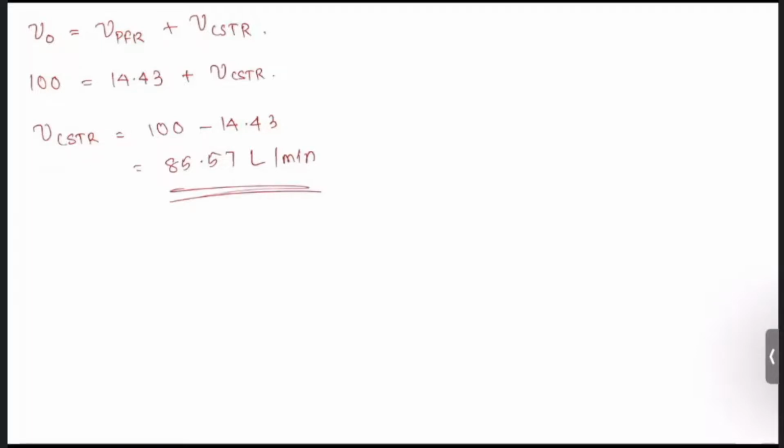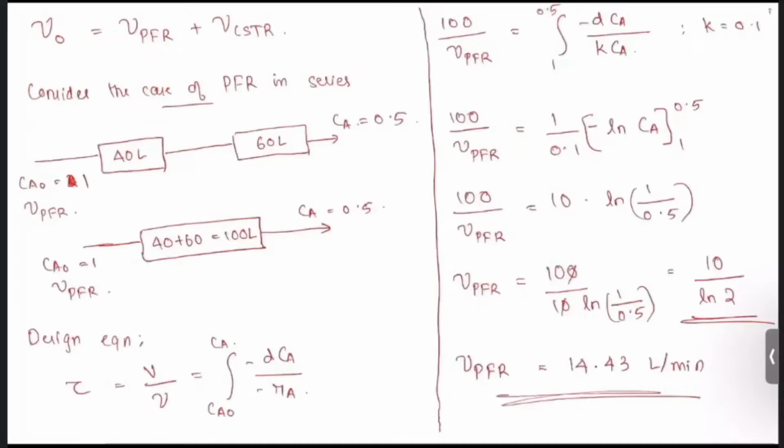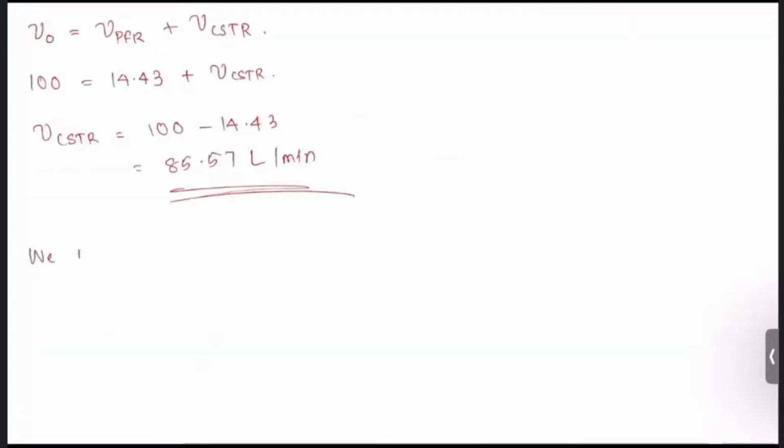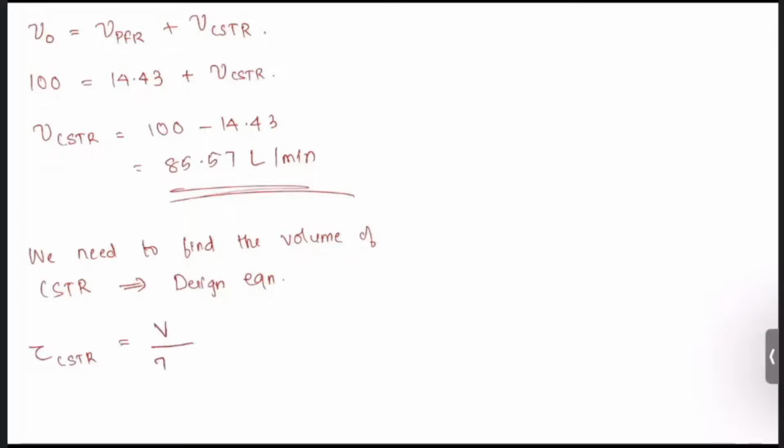Now let us move on to the CSTR. What we need to find here is the volume of the CSTR, and for that we will directly use the design equation for CSTR. The design equation is tau CSTR, which is V by nu CSTR, equal to CA0 minus CA by minus RA.